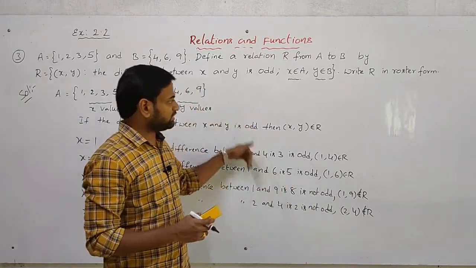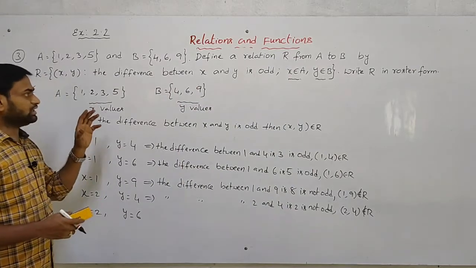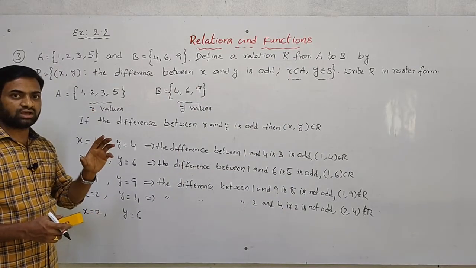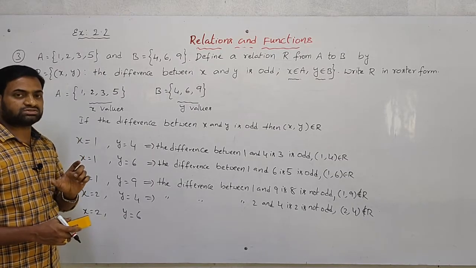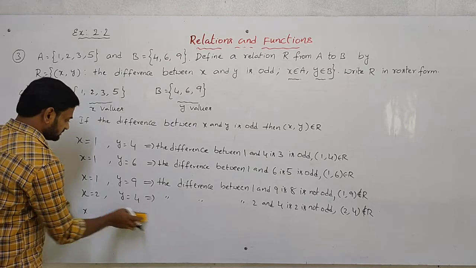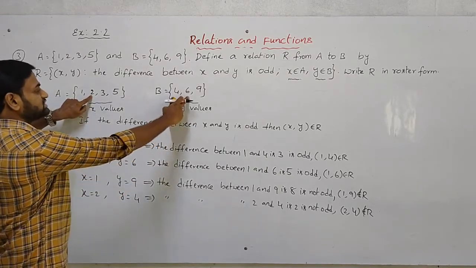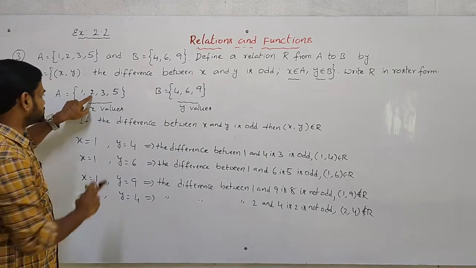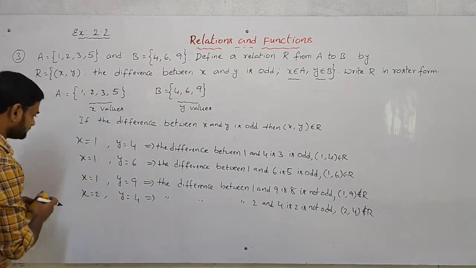Now it is going to be very lengthy. That's why I am taking only the pairs which give an odd difference. See here. If you take (2, 6), the difference is 4, not odd, leave this one. 2 and 9, difference is 7, yes.